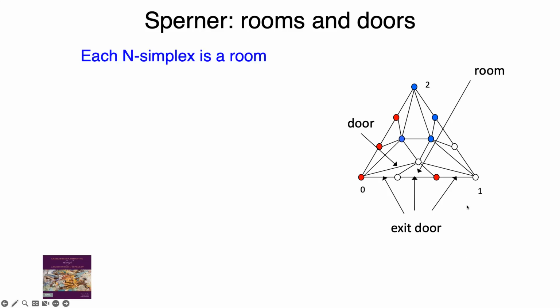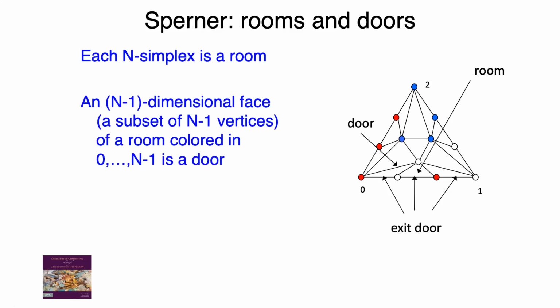Okay. So each n simplex is a room. Each n-1 dimensional face, which is a subset of n vertices of a room, colored with all n colors from 0 to n-1 is a door.